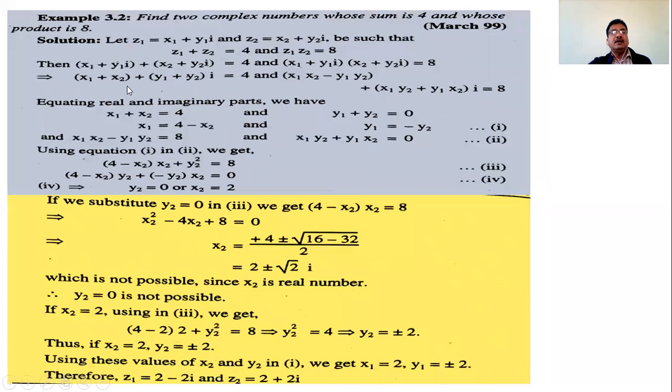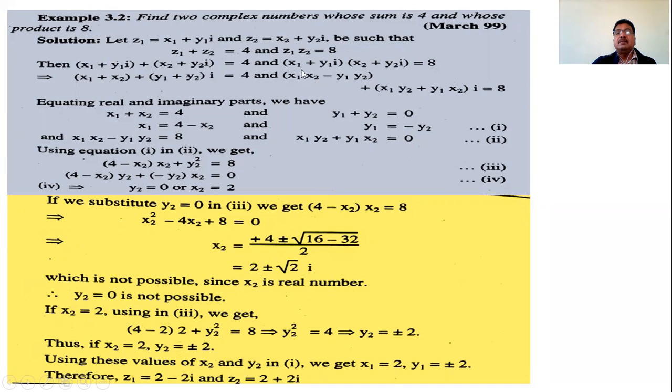Then equate the real and imaginary parts. So x1 plus x2 is 4 and y1 plus y2 is 0, because we can express this 4 as 4 plus 0i, so the imaginary part is 0.